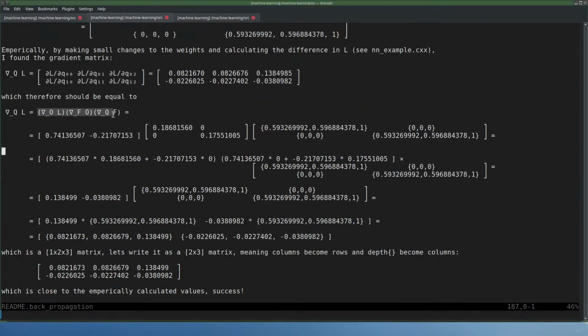If you work with this, there's just a chain rule. Gradient of L with respect to Q is just with respect to L. If you reverse the order, then you see that everything drops out. So the O drops out, F drops out, Q, and then you end up with delta QL.